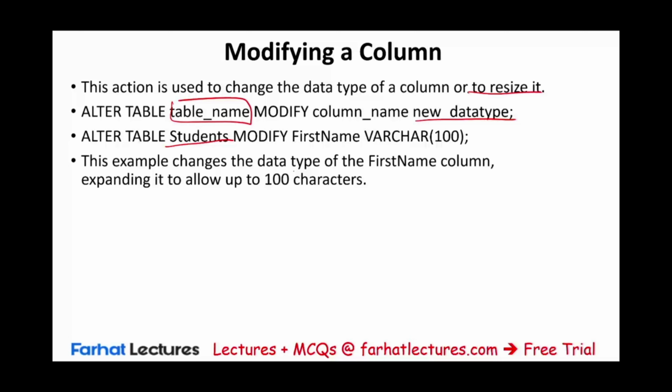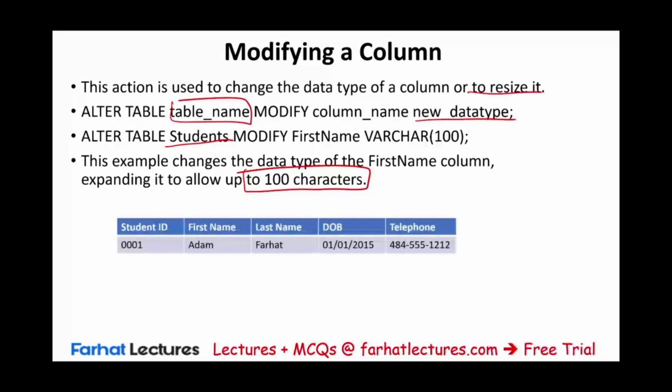This example changes the data type of the first name, expanding it to allow up to 100 characters. For example, here we have Adam. Adam is 4 characters, but we could have a name that's way larger. Before it was 50. Now we want to increase that, because we find out that we have customers with more than 50 characters in their first name. Therefore, what do we do? We modify the column. We don't create a new table. We modify the existing column.